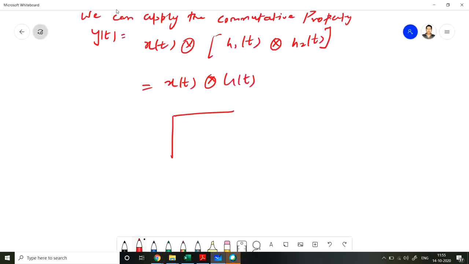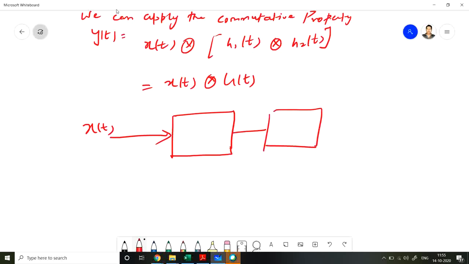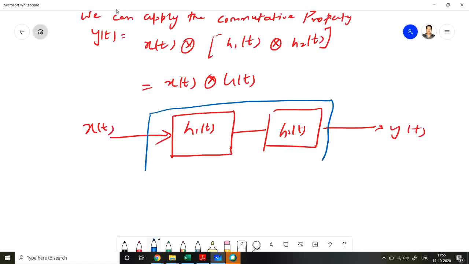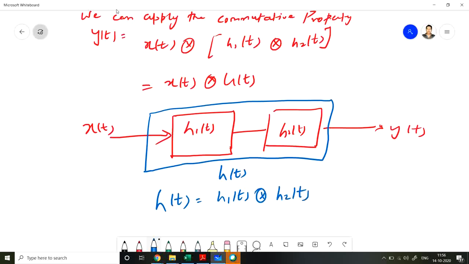Why? Because this is our input and this is our output. Now this is h1(t) and this is h2(t). So basically if you put a black box here, then what is h(t)? So h(t) is nothing but h1(t) convolution with h2(t).